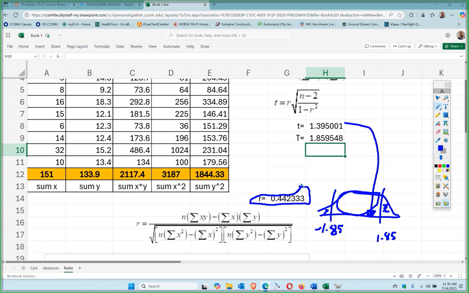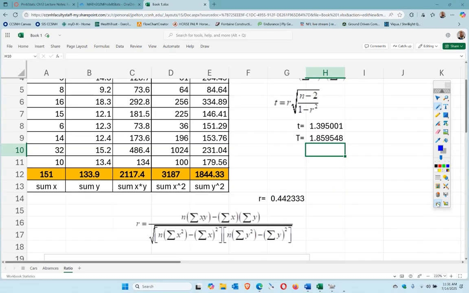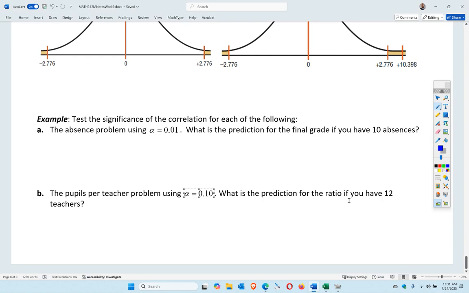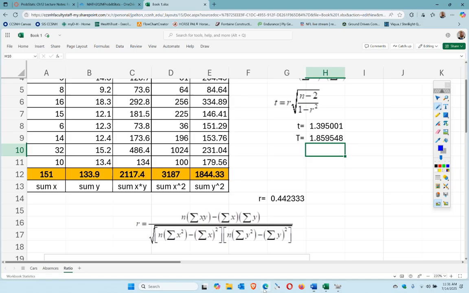It might be some other relationship that's not linear, but we don't know at this point. All we know is it's not linear. It might be something else. It's for a later chapter. Therefore, if I try to answer the question of 12 teachers, what's the ratio, I can't do it, because the model does not work because the correlation coefficient was not good enough. And if I remember correctly, it was 0.44. It was really bad, wasn't it? So therefore, we proved by doing a t-test that it wasn't actually good enough.